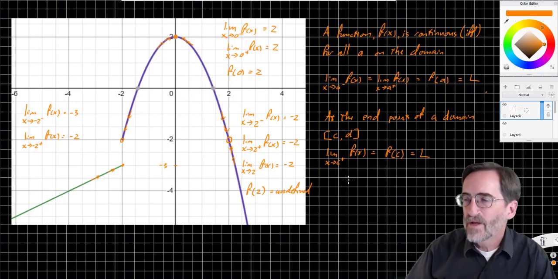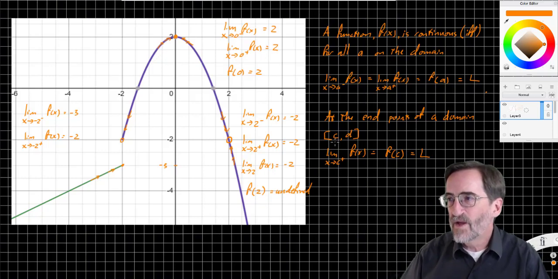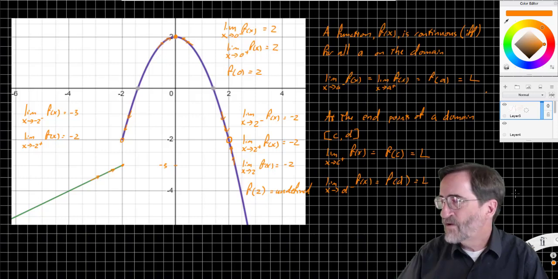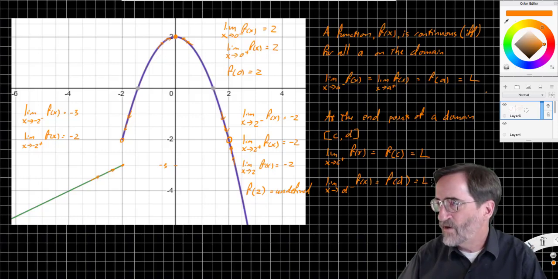Okay, so in other words, at the boundary C, since there's nothing to the left of C, we don't do the left limit, and the limit as x approaches D from the left of f of x equals f of D. And actually, I'm going to take that some limit off because that can vary.